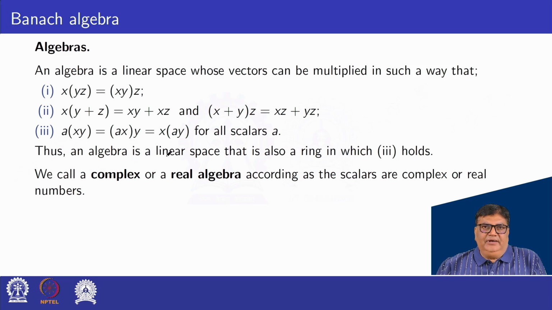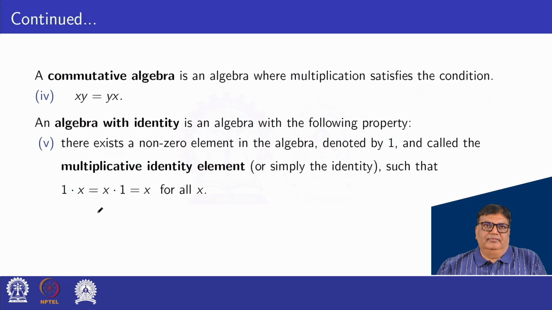Thus, an algebra is a linear space that is also a ring in which condition third holds. We call a complex or real algebra according as the scalars are complex or real numbers. A commutative algebra is an algebra where multiplication satisfies the condition xy equals yx.